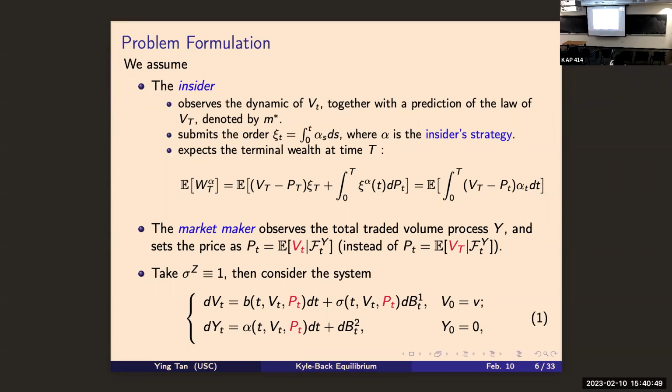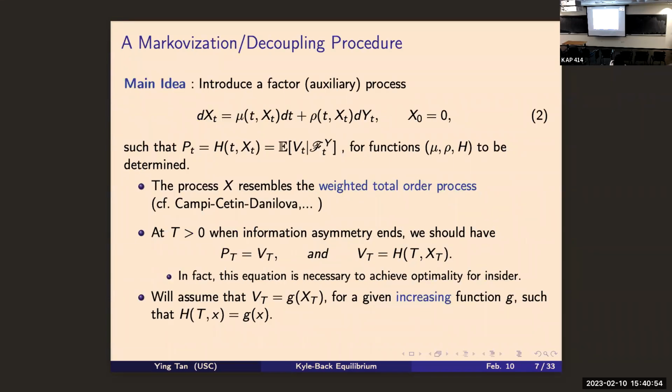So can we continue now? Yes. The main idea, as I said, is that this system is like a marking loss SDE, which is hard to solve directly. So the main idea is to Markovize the whole system.